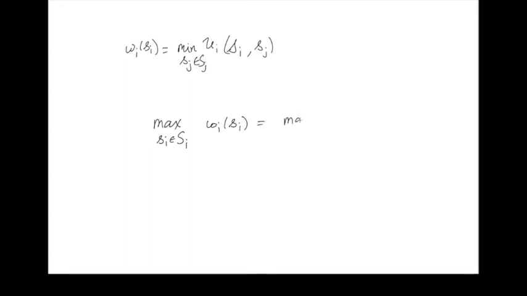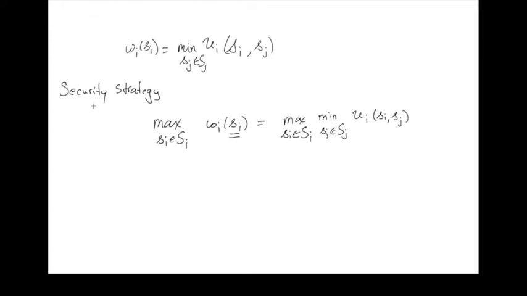In other words, just plugging in what this worst case payoff is, it's equivalent to just saying, I'm going to maximize my choice of SI when my opponent is going to minimize their choice of SJ, utility from SI, SJ. This SI that maximizes my minimum utility is what we call a security strategy.